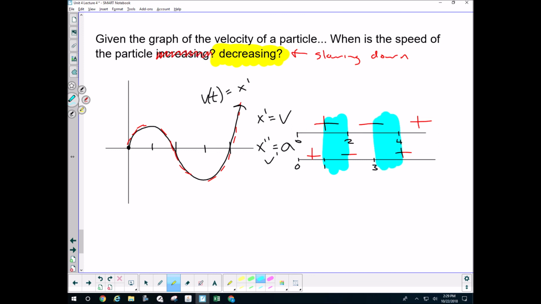I'm moving to the right, however, my values are decreasing, which means my acceleration is to the left. I'm moving to the left, but my acceleration is going to the right, which means my values are increasing from negative values to less negative values. So when those signs don't agree with each other, that is when I'm slowing down.